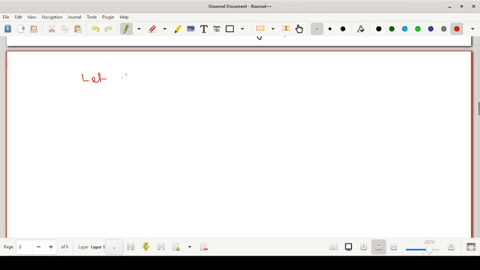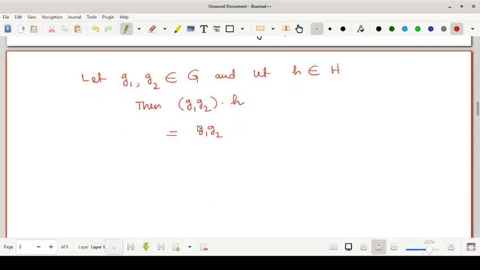Let g1, g2 belong to G and let h belong to capital H. Then g1 g2 acting on h, by definition, is (g1 g2) h (g1 g2) inverse. (g1 g2) inverse means g2 inverse g1 inverse.